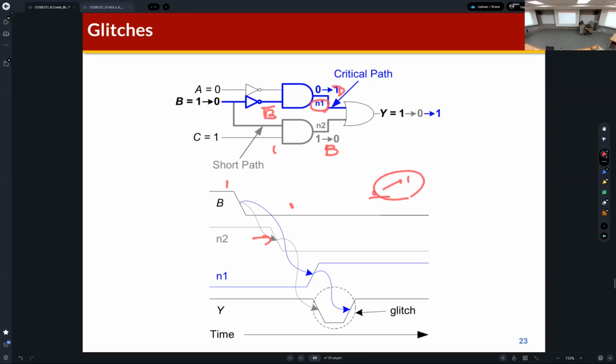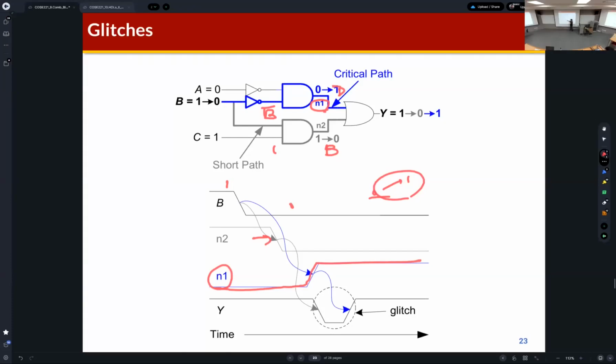So if we see the waveform of N1, then N1 is changed like this. Okay? So this is the OR gate. Then Y is the output of the OR gate, and the inputs of this OR gate are N1 and N2.